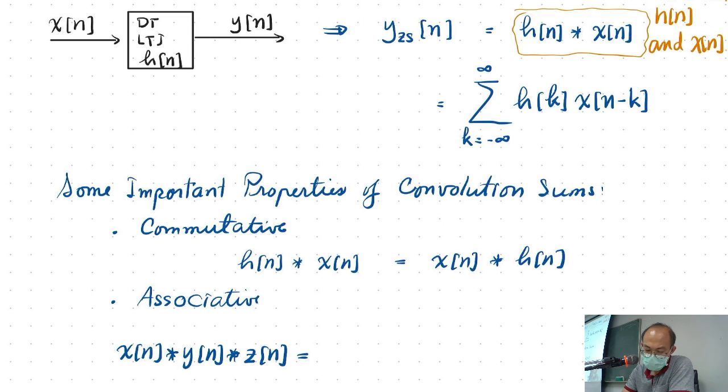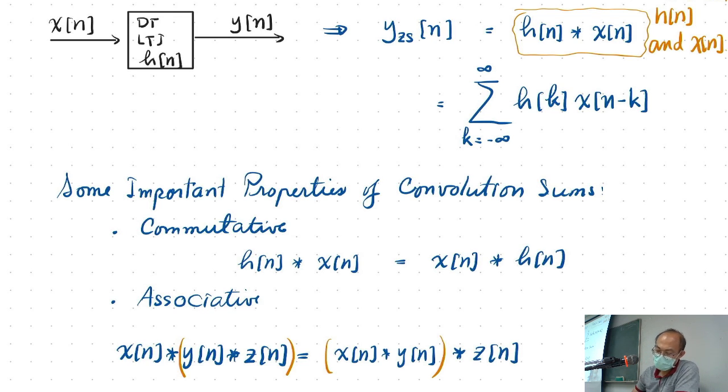It turns out that I can put parentheses here, so that y and z go first, and then the result from the convolution sum between y and z will be convolved with x, and the result will be just as equal to putting x and y to go first, and then the result convolved with z.